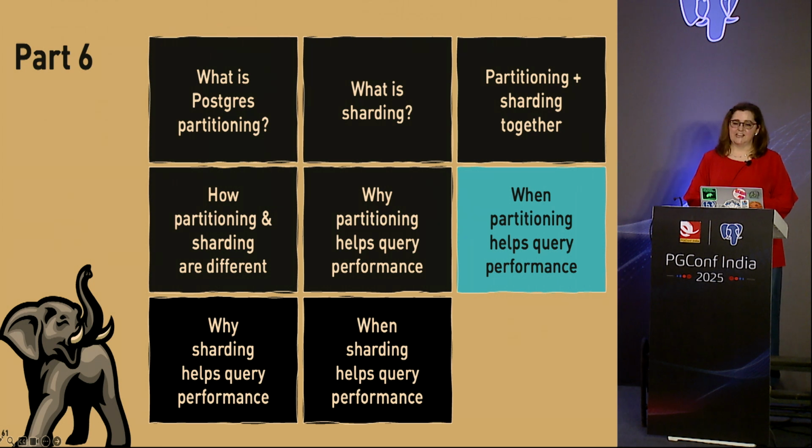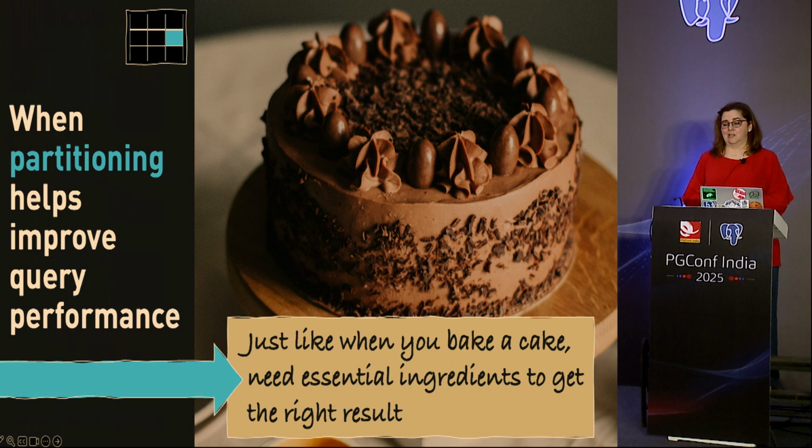And I can't talk about why without pointing out when. Just like when you bake a cake, going for another analogy here, you've got to have the right ingredients. If you don't have the right kind of chocolate, that cake is not going to taste as good. If you don't have the right kind of flour, that cake is not going to taste as good. What if your butter had salt in it? What if your butter didn't have salt in it? These things all matter.